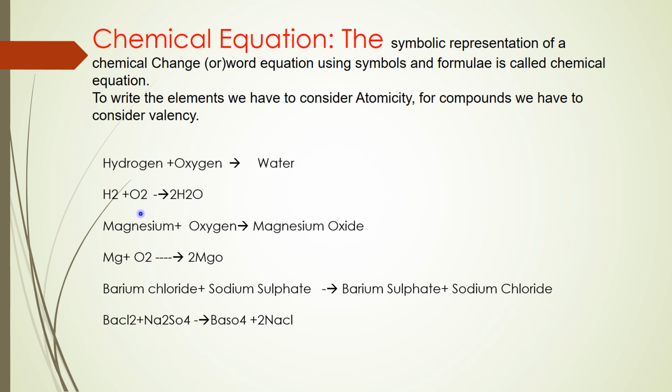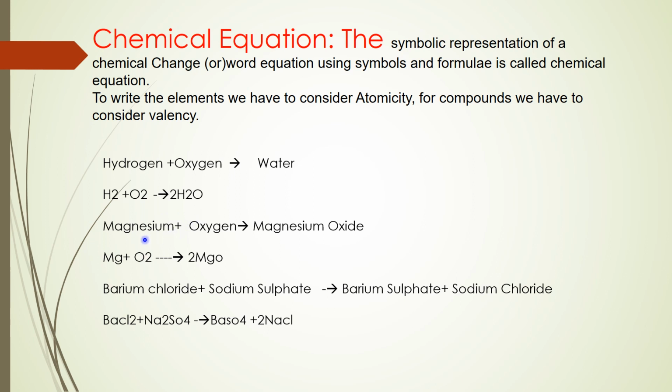So hydrogen and oxygen give rise to water. I didn't write the word equation. Simply what I did, I expressed this chemical change using the symbols and formulae. So such a reaction which is expressed using the symbols and formulae is known as a chemical equation.